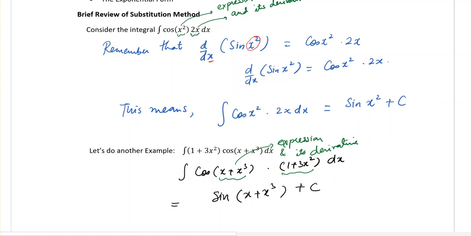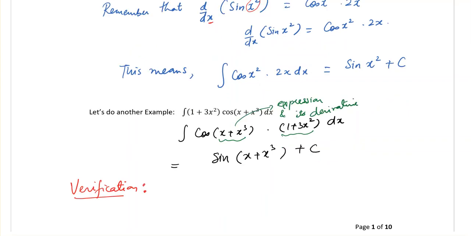Let's see if we have done it correctly or not. We can always verify it. We can always take the derivative of this expression and see whether that is equal to the given expression. So let's try that. For the verification, I'm going to take the derivative of sine of x plus x cubed.